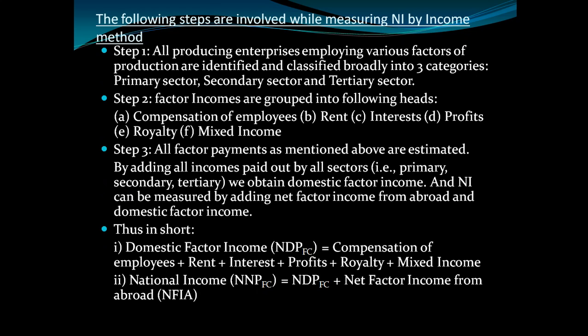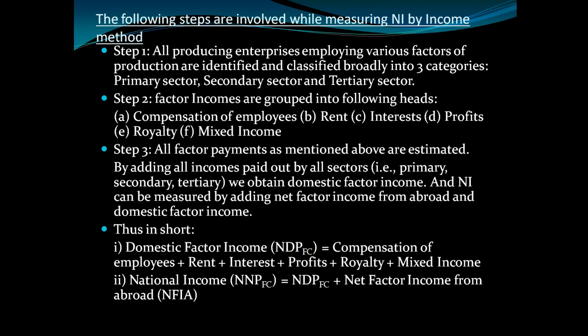Factor incomes are grouped into following heads: compensation of employees, rent, interest, profits, royalty, mixed income. Step 3. All factor incomes as mentioned above are estimated. Now how? By adding all incomes paid out by all sectors, that is primary, secondary, tertiary. And we obtain domestic factor income. And national income can be measured by adding net factor income from abroad and domestic factor income.